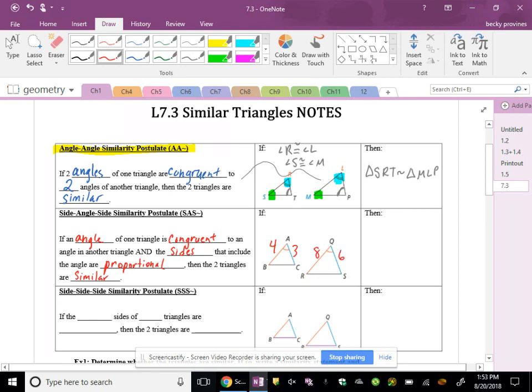Okay, so this is a picture and you're trying to decide if they're similar. So first of all, do you both have an angle in common? Sure, you have A and you have Q. So that's something you have to look for. So angle Q is congruent to angle A. Now you have to prove the sides that are on both sides of the angle.